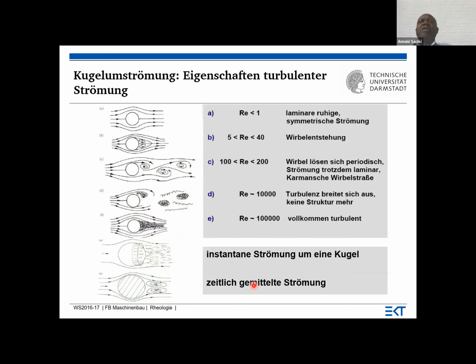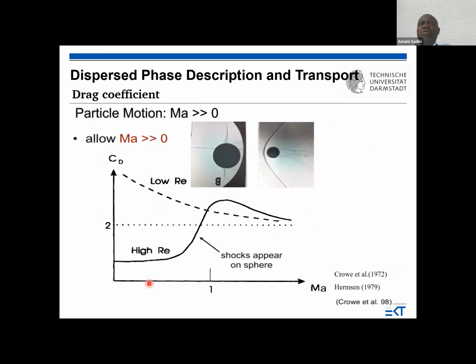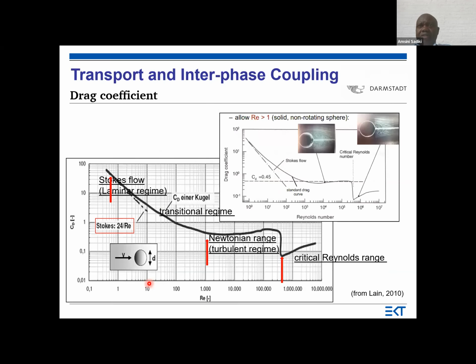And if we make averaging, we obtain this. So that is what we get from this evolution here. And this is only to show that this is the surface we are considering. And the particle is a sphere.